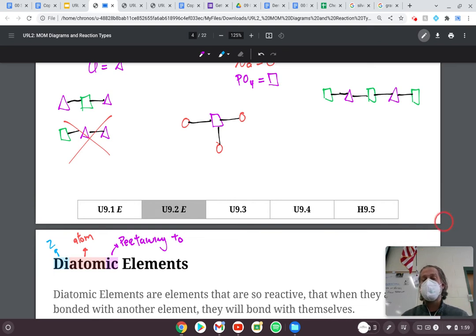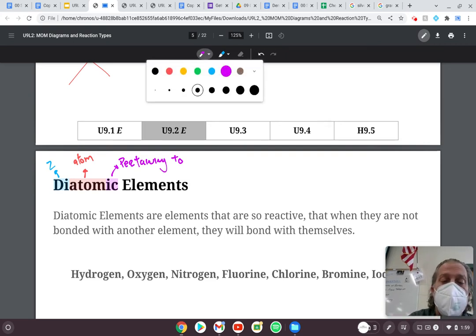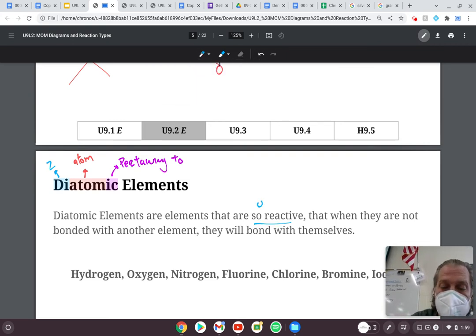The reason that's important is because there are some elements out there that, when they are by themselves, are so unstable or reactive that they can't exist by themselves. A good example of that would be the element oxygen as a gas.